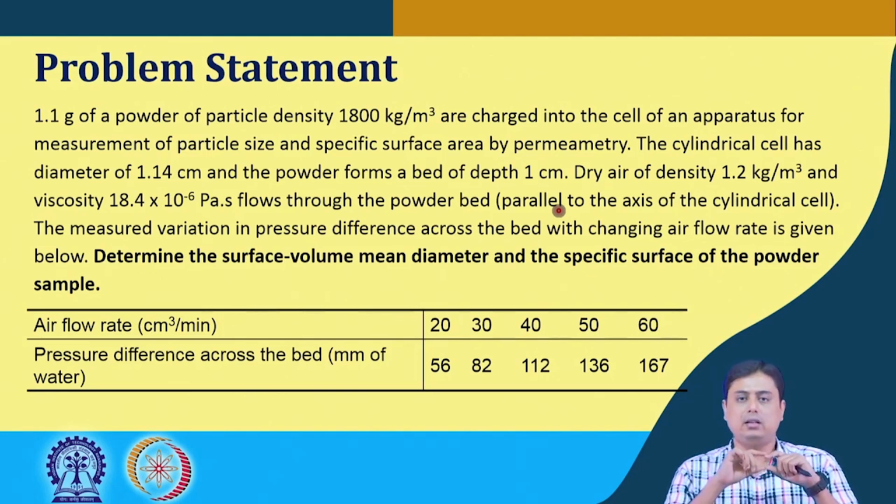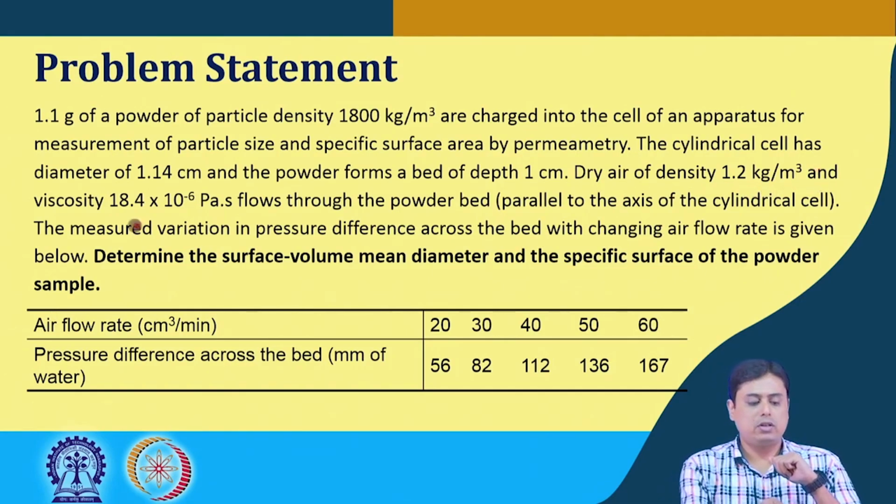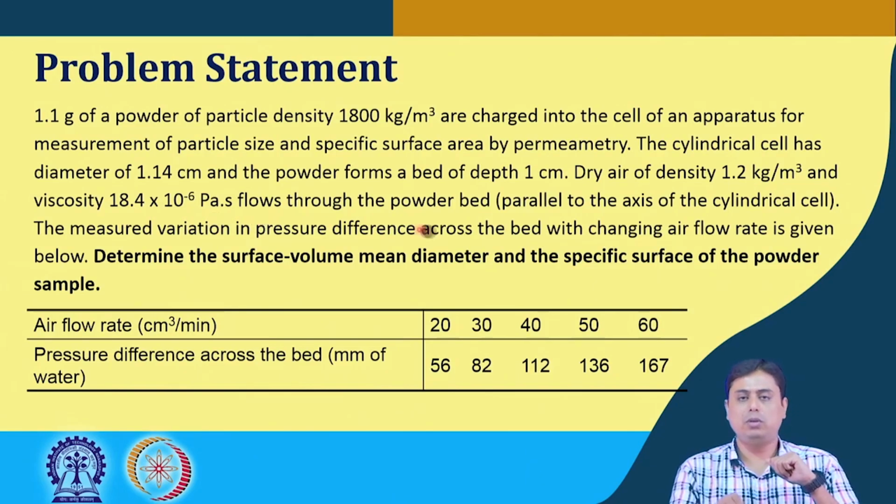Once you fill that cell with the 1.1 gram of powder, it creates a height of 1 centimeter. Then dry air of density 1.2 kg per meter cube and viscosity 18.4 into 10 to the power minus 6 Pascal second flows through the powder bed parallel to the axis of the cylindrical cell. That means it flows along the axis of the cell.